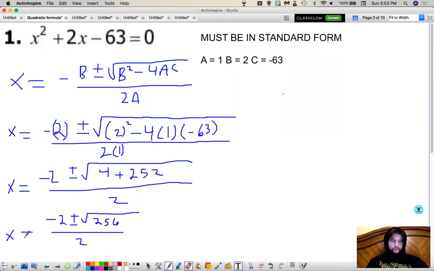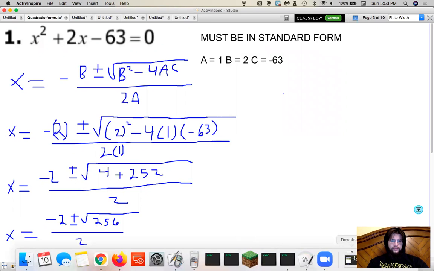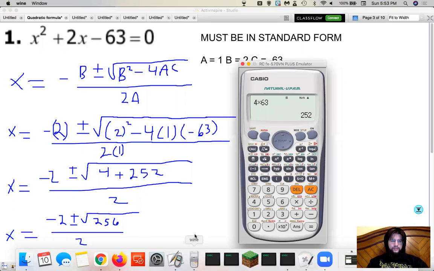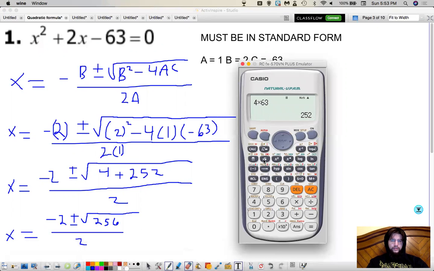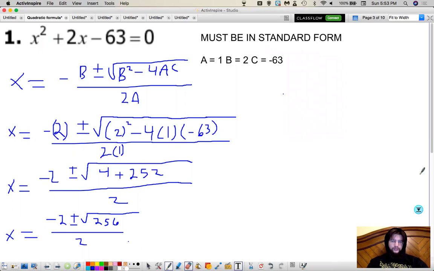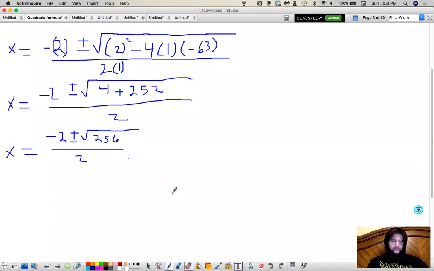Square root of 256, 16. I'm not going to make you do the factor tree for these. So x equals negative 2 plus or minus 16 over 2.